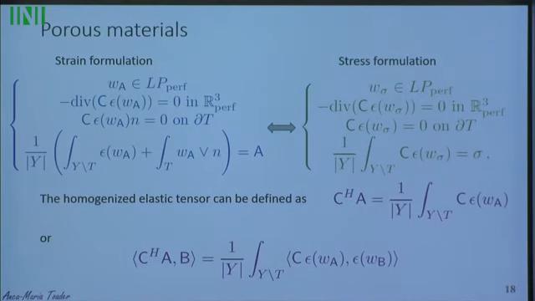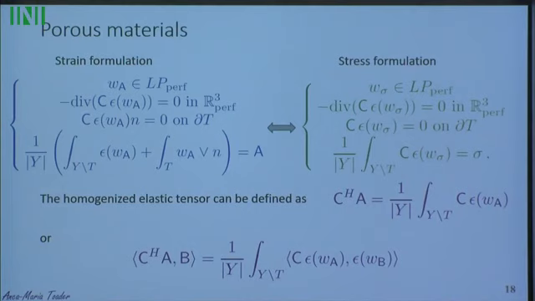So with this, in the context of porous materials, we have the strain formulation and the stress formulation adapted to this new context. So we have here new conditions. I don't have the time to enter inside, but we also proved that they are equivalent.